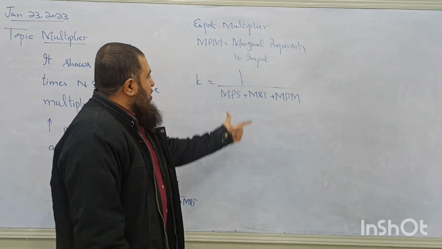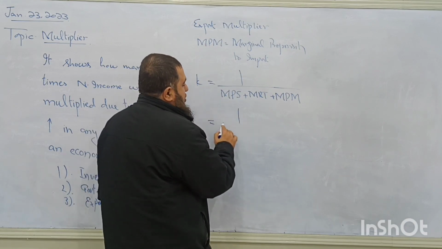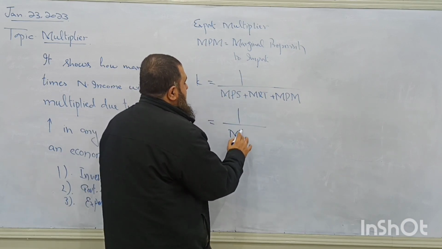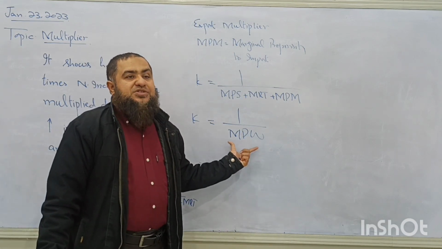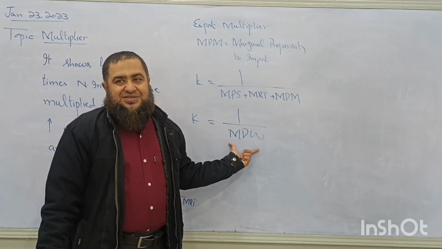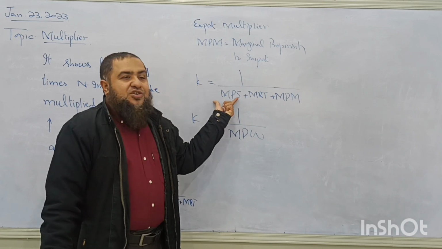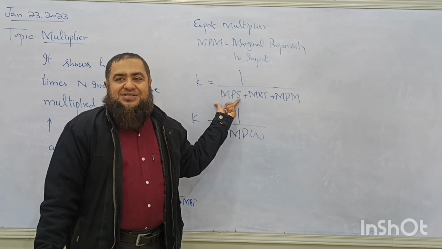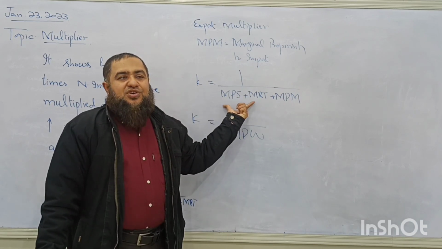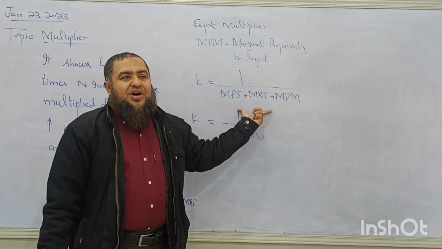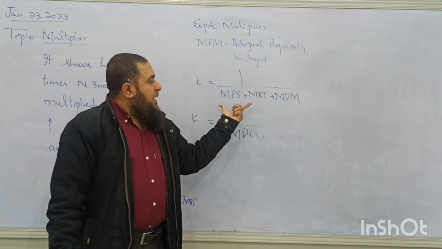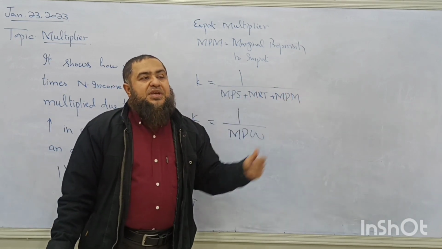So it depends upon, can I write, okay, please listen. The multiplier is equal to 1 over the marginal propensity to withdraw. If it is a two sector economy, its withdrawal is only MPS. In three sector, withdrawals will be MPS plus MRT. In a four sector economy, withdrawal will be the whole MPS, MRT plus MPM.